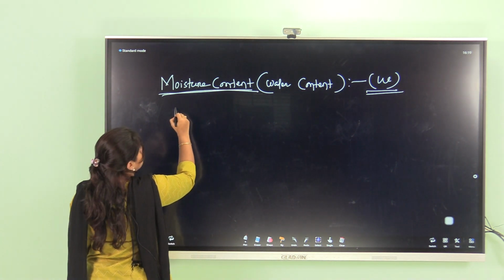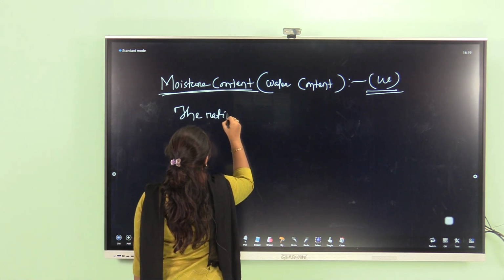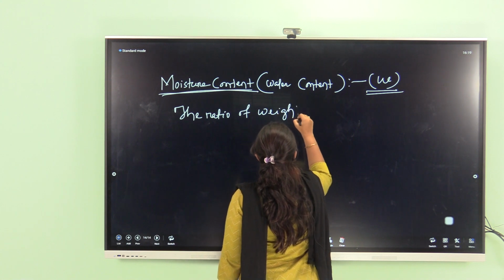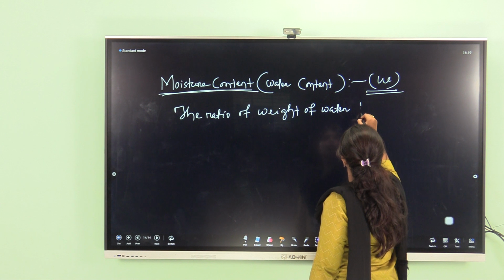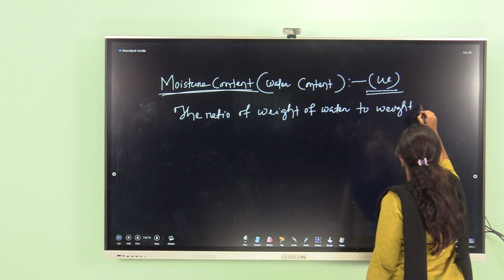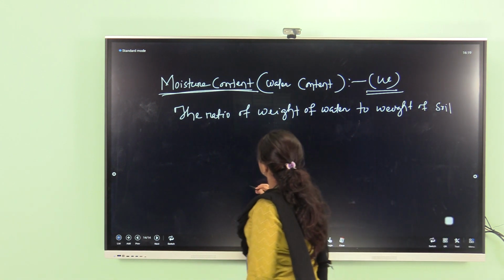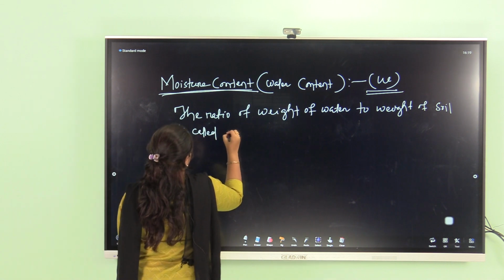So, here the ratio of weight of water to weight of soil is called moisture content.